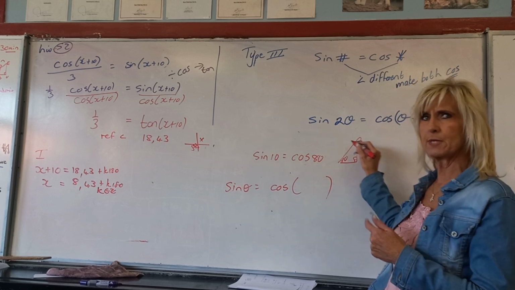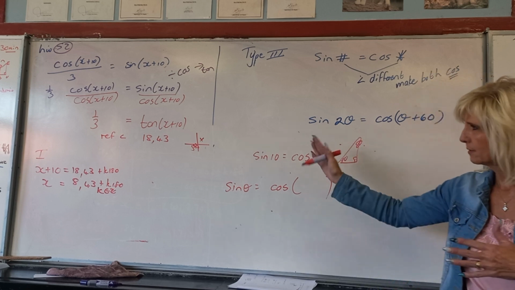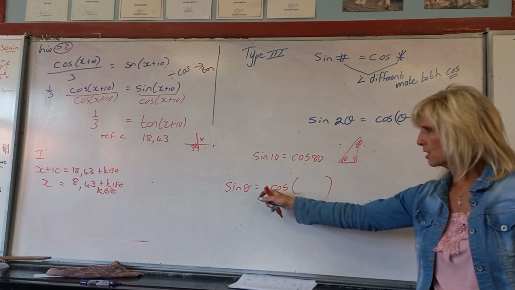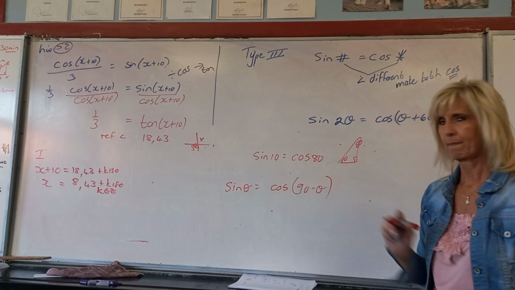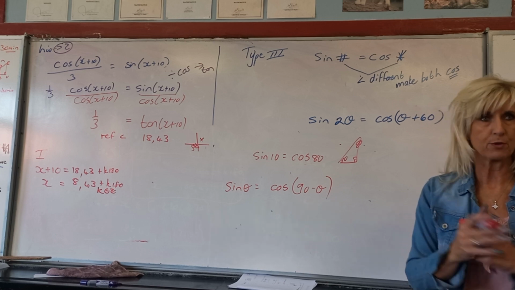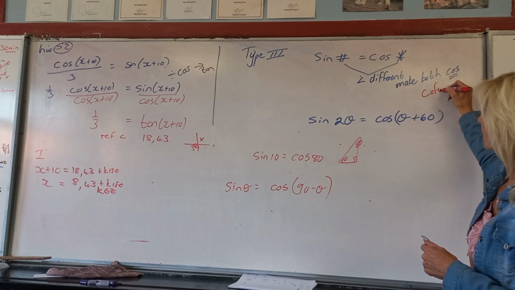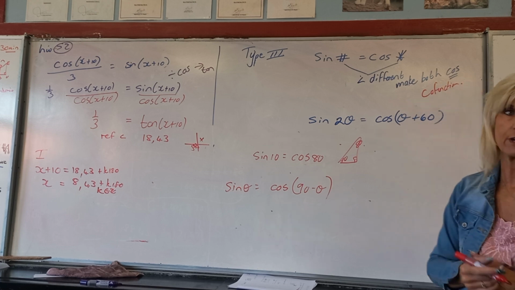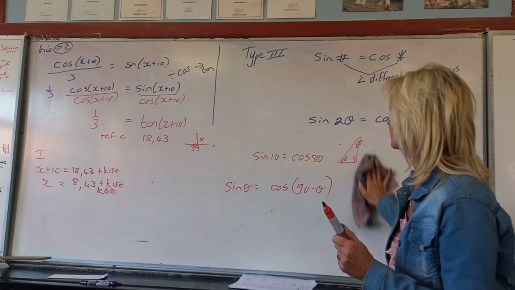This one's sin, opposite over hypotenuse, and the other one is cos, adjacent over hypotenuse. So then sin theta would be cos of 90 minus theta. That's the principle. How do you make them both cos? You use co-functions. Right, but it has to be cos. I'll explain in a bit.